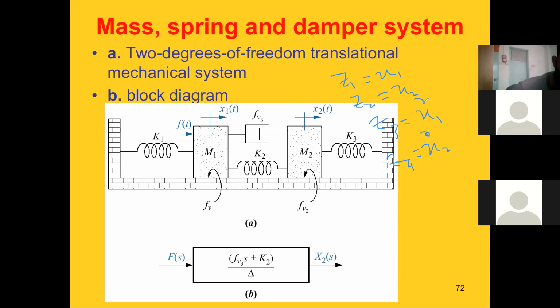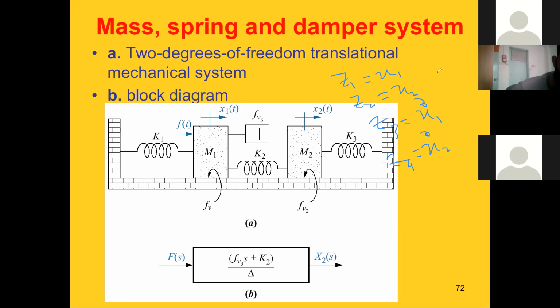Understand? We let z1 equal x1, z2 equal x2, z3 is x1 dot, z4 is x2 dot. We change the variables.